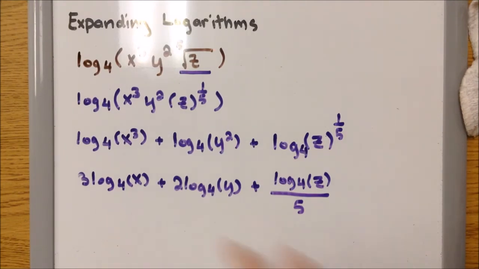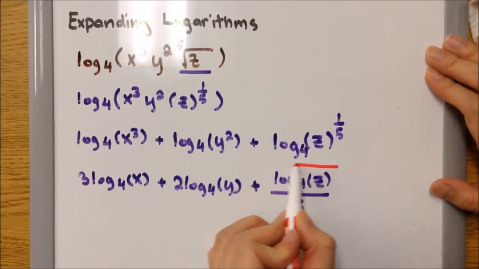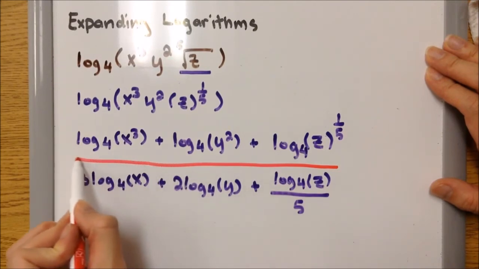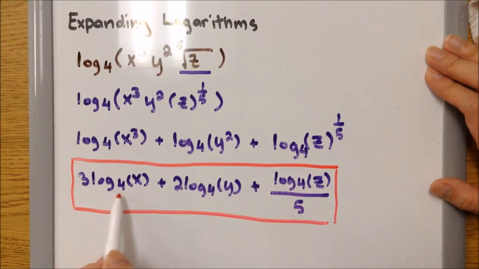There's nothing I could split. There's nothing I could do with exponents. So the last line right here is our answer. So we have 3 log base 4 of x plus 2 log base 4 of y plus log base 4 of z divided by 5.